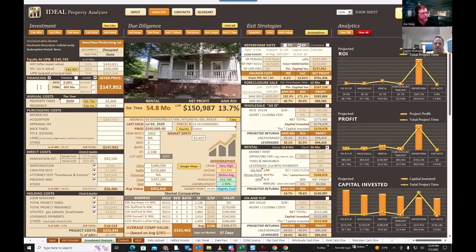So let's just say it was $100,000. And you got that money at a rate of, let's say, 8%. Let's just say that it's interest only. And actually, let's not put interest only. Let's put a point on it.